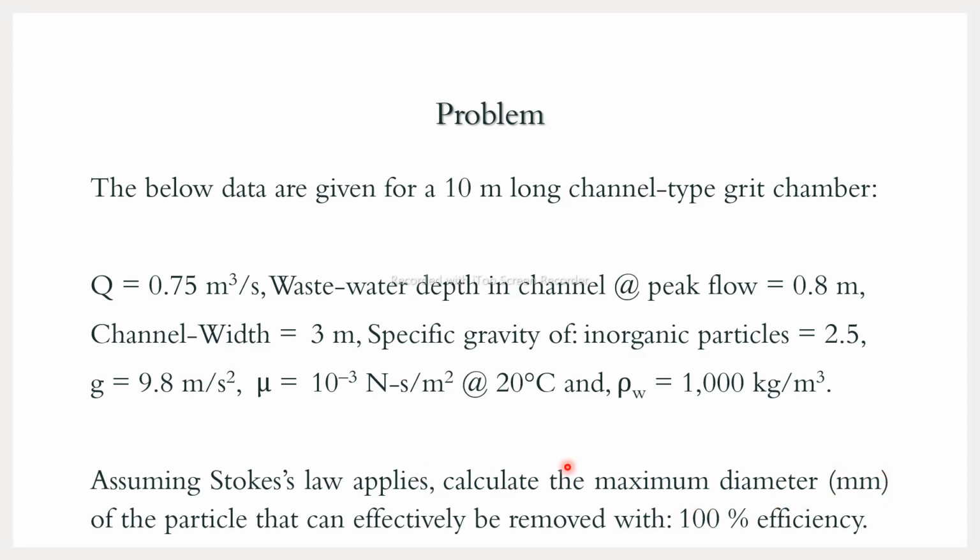So to get the diameter, you require a formula, and to derive that formula, you require the concept of drag force. It is basically a force balance. The drag force plus buoyancy equals the weight of the particle, or the apparent weight of the particle, that is weight minus buoyancy equals the drag force.